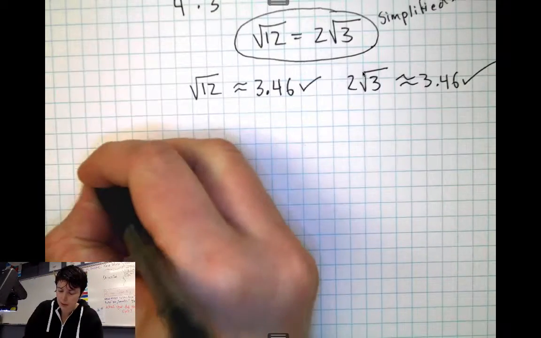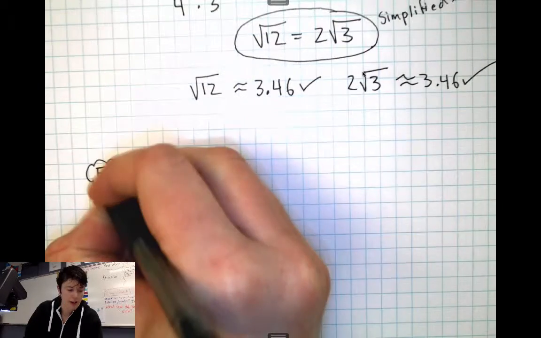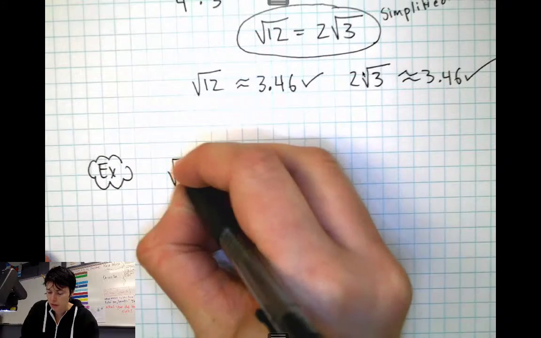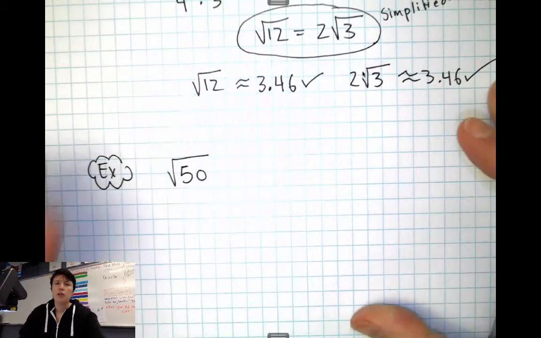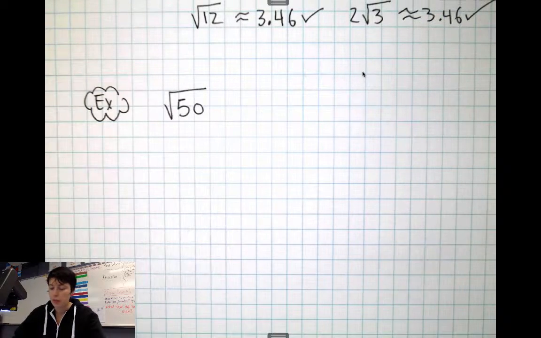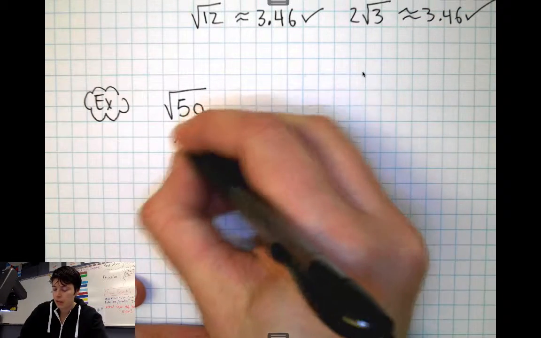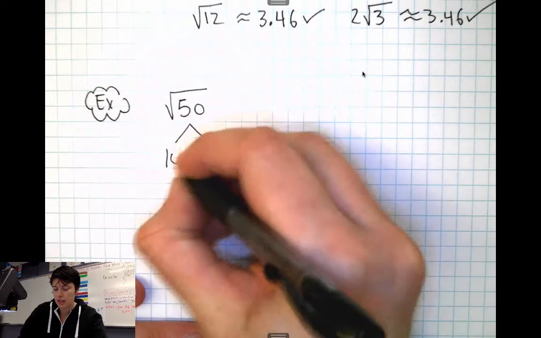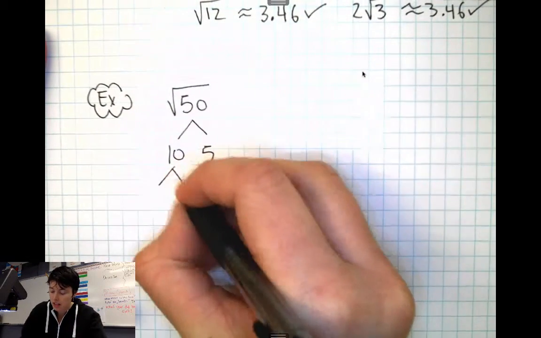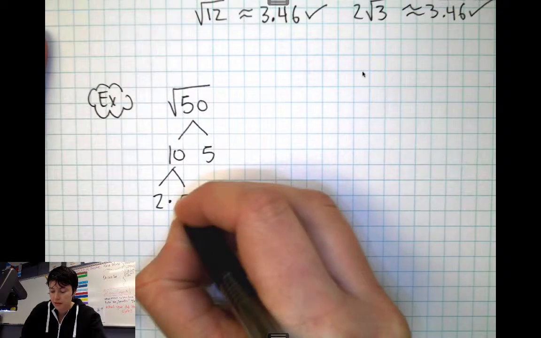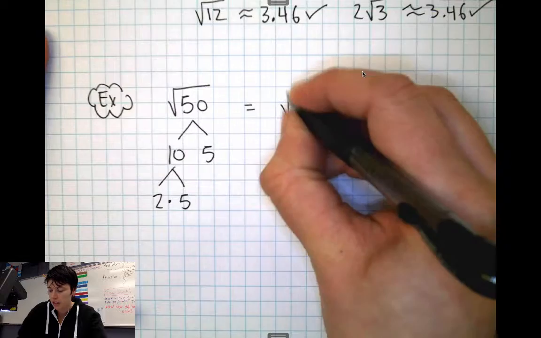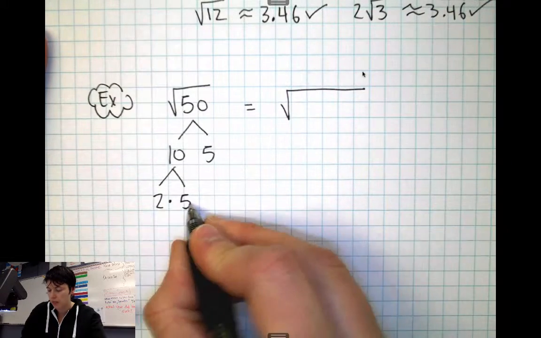So another example here. How about we say we have the square root of 50? Just pick another number. There are no two numbers that multiply to 50 that would make it a perfect square, but I can break 50 down. I do happen to know in my head that 50 is 10 times 5. I do know that. And I know that 10 is technically 2 times 5. So if I use my factor tree strategy here, 50 is really 2 times 5 times 5.